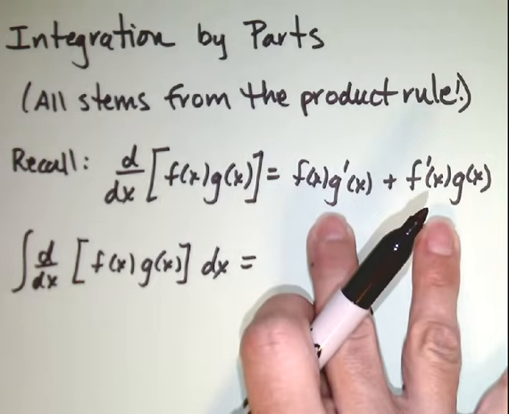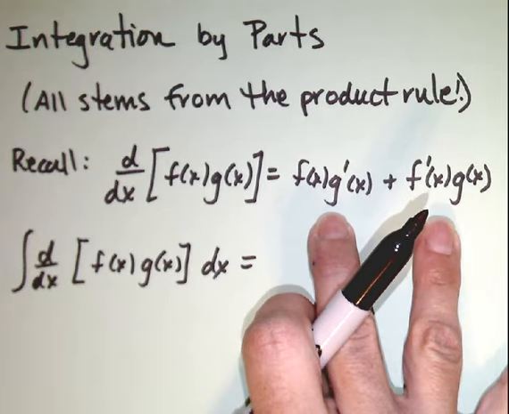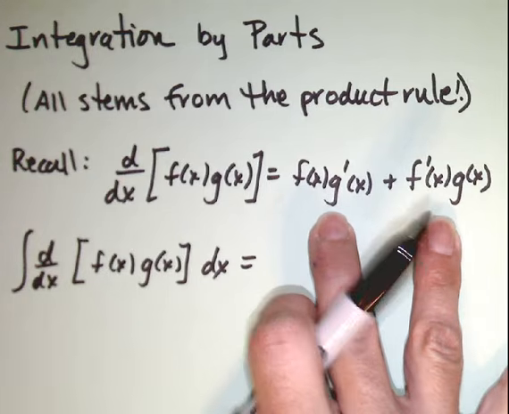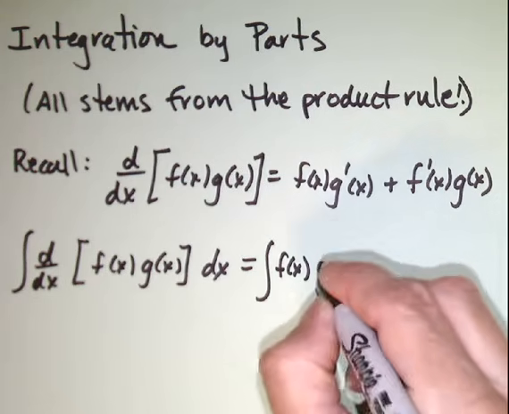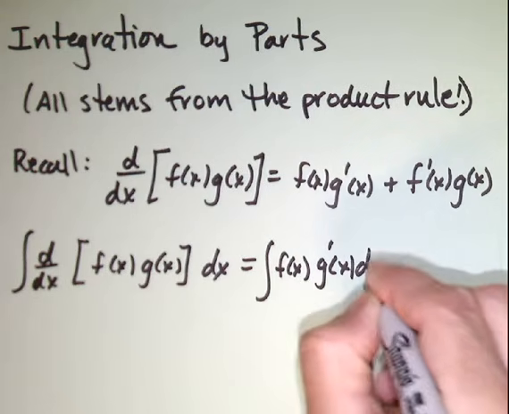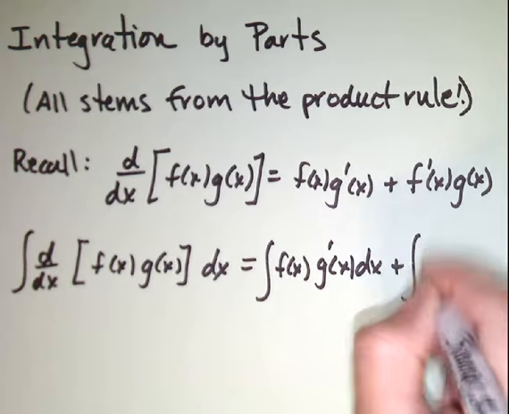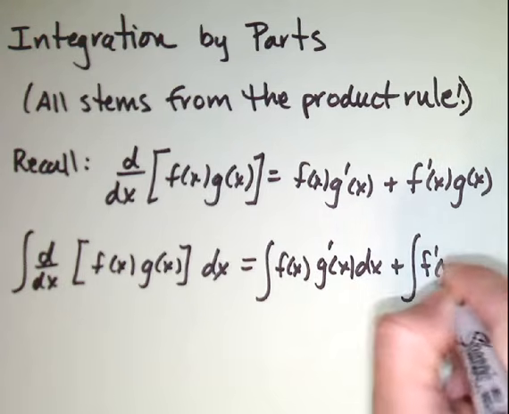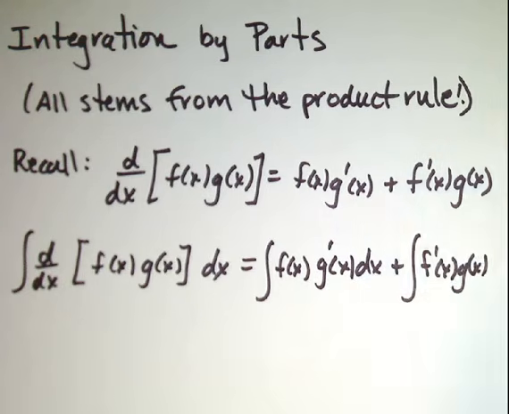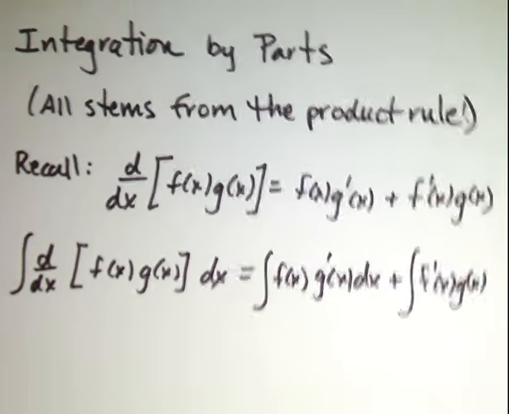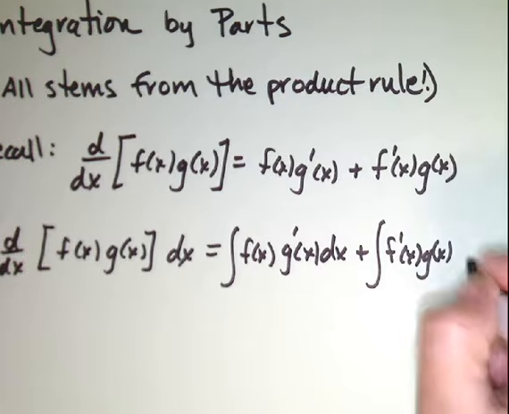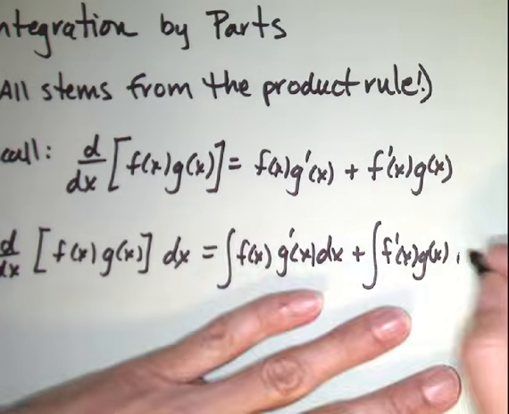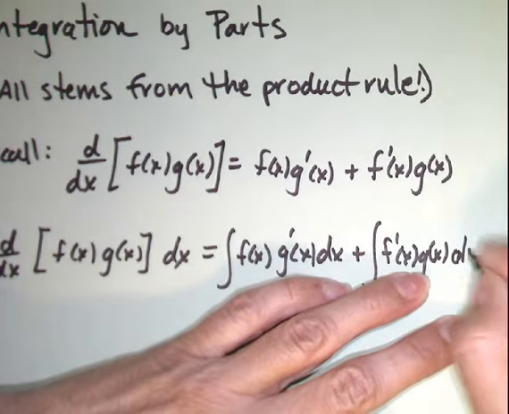But since I have a sum, and I know I can split the integral of a sum into the sum of its integrals, I'm going to rewrite that as the integral of f of x g prime of x dx plus the integral of f prime of x g of x dx.